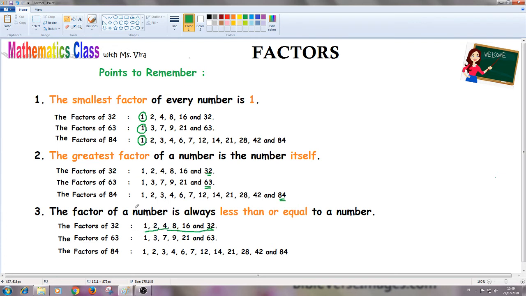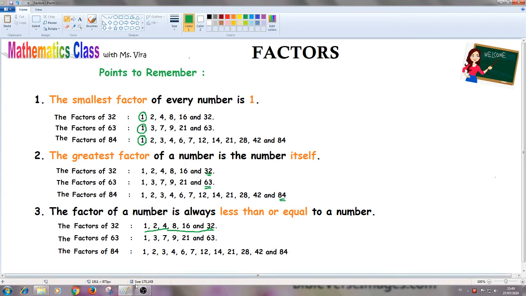And then it's the same with the factors of 63. They are all less than or equal to 63. Here, the factors of 84, they are all less than 84 or equal to 84.